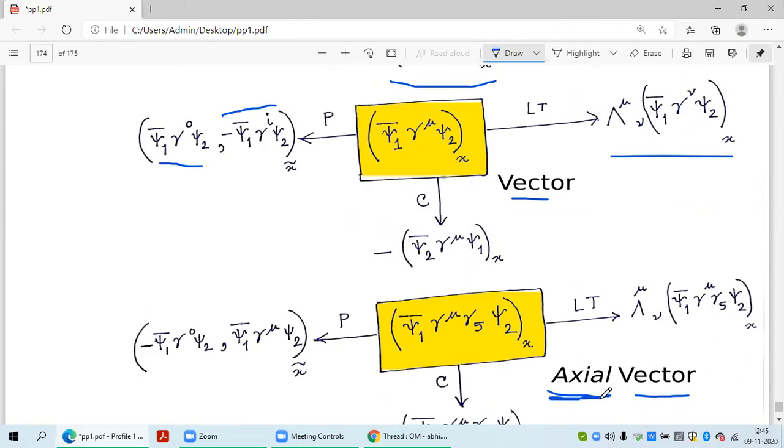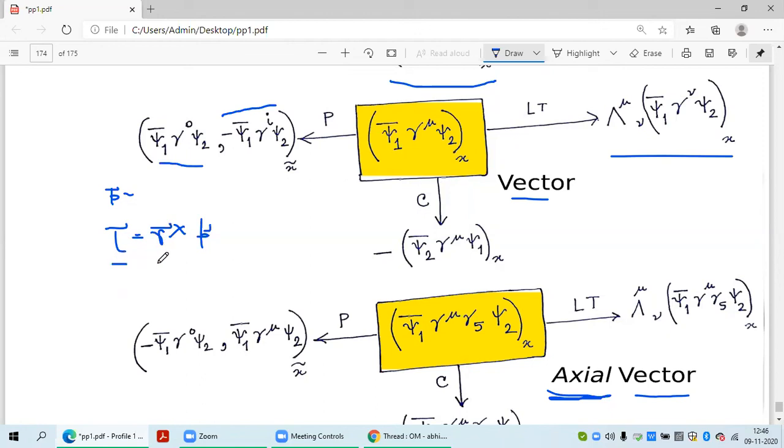Like angular momentum, as all of you know, is an axial vector. Linear momentum is simply a vector, or you can call it a polar vector. Because if you change r to minus r, p will change to minus p, since p is m dr by dt.